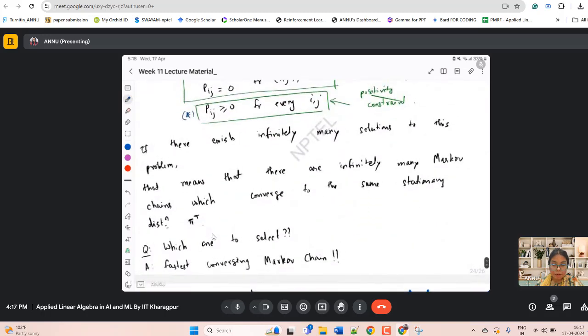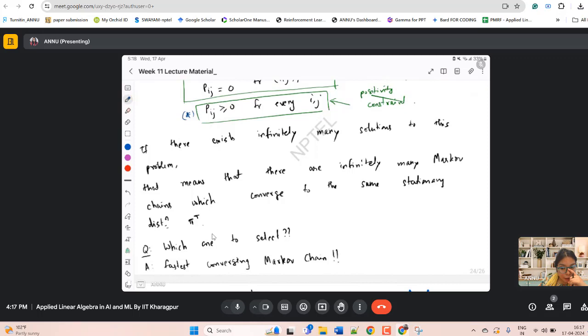If there exist infinitely many solutions to this, it means that there can be many. But which one to select? Suppose you have infinitely many solutions to this problem. As we know, there will be so many solutions.